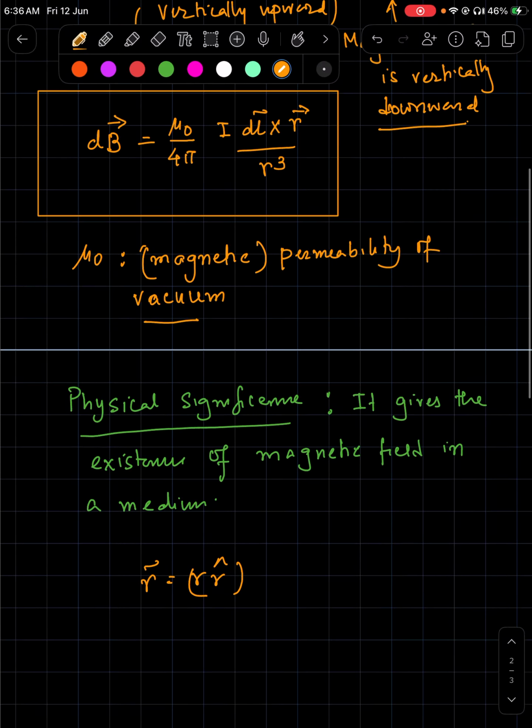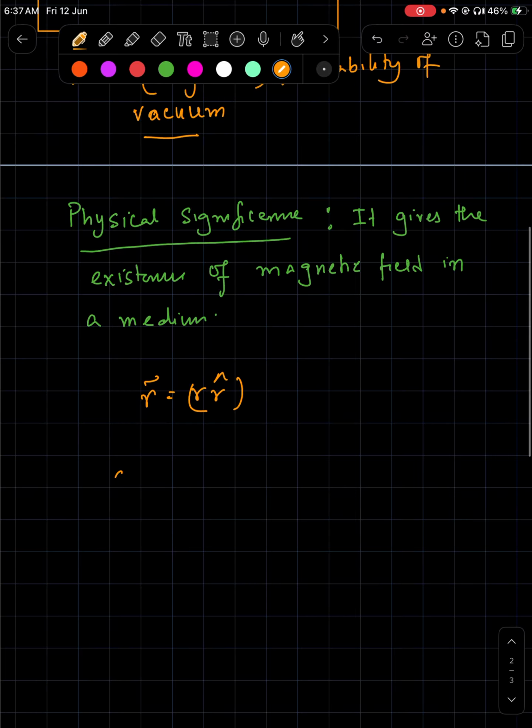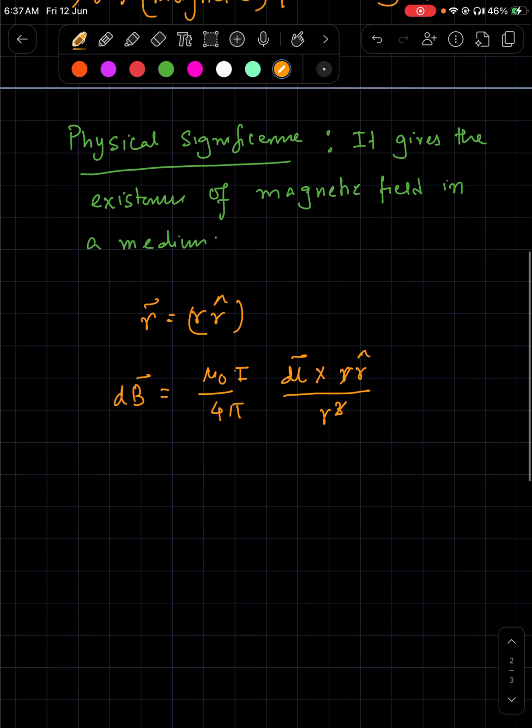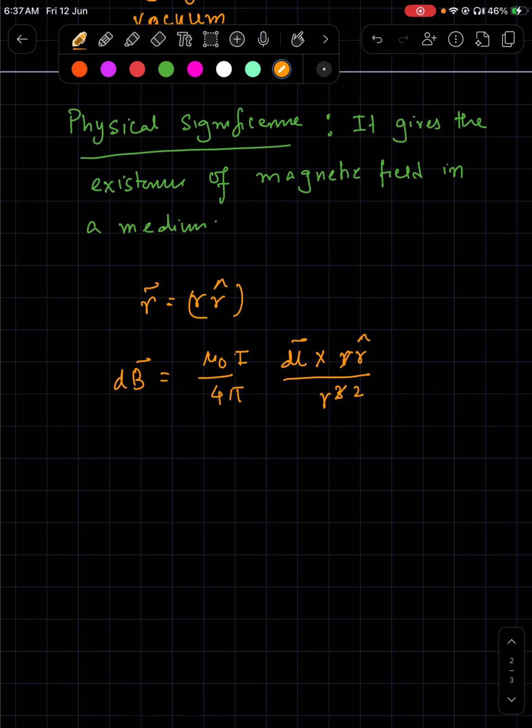Putting it in the expression of the Biot-Savart law, dB becomes mu naught I by 4 pi, dl cross r cap by r cube. So one power of r will be gone, it becomes 2, and it is mu naught I by 4 pi, dl cross r cap by r square.